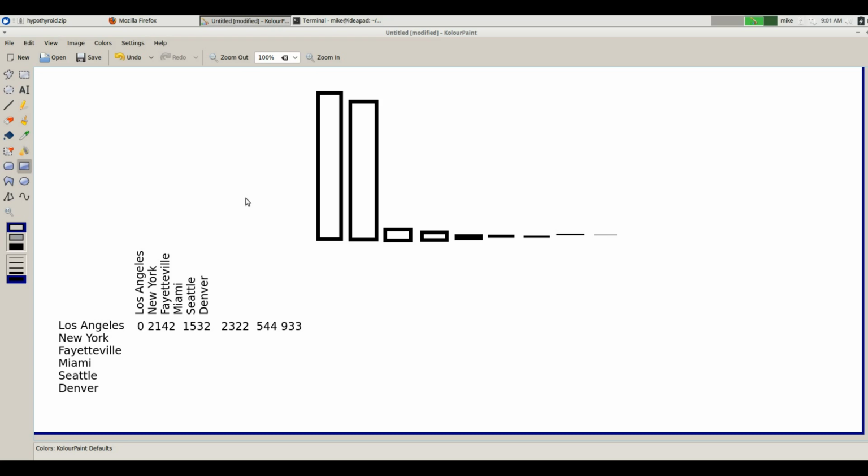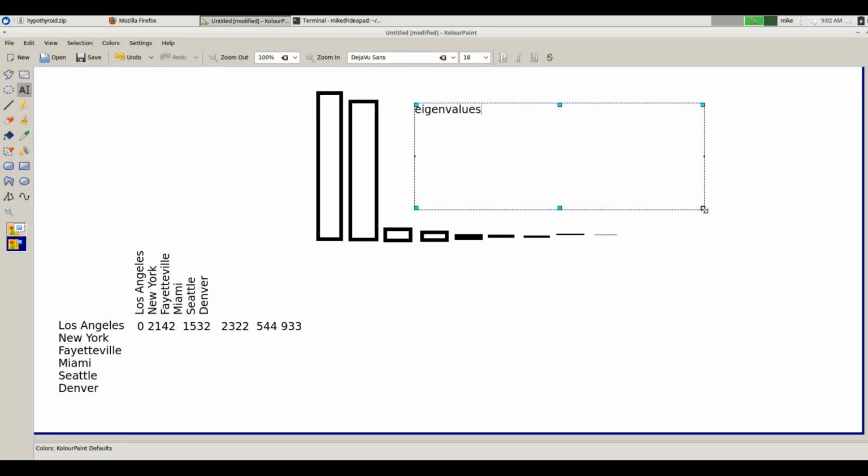Don't you agree? Okay, so do you understand this plot that I'm looking at here? I didn't actually describe this very well. Let's talk briefly about that. This is a plot of eigenvalues, or maybe it's root eigenvalues.